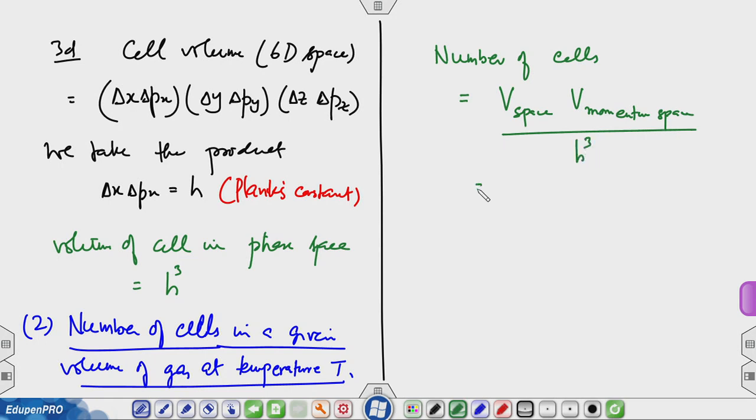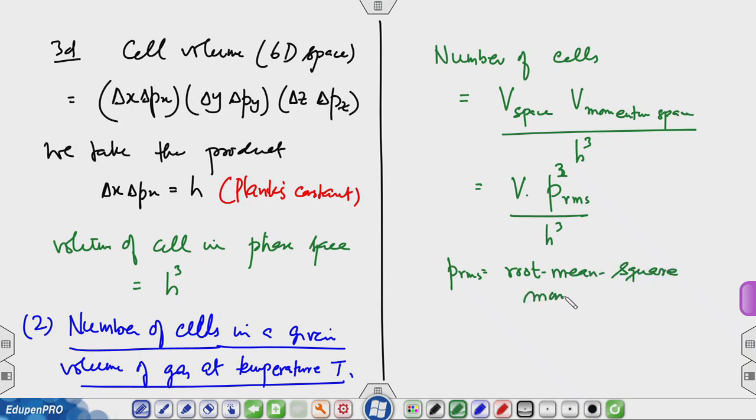Volume in space is V, and the momentum space volume I am going to take to be some constant times P rms cubed. P rms is the root mean square momentum.